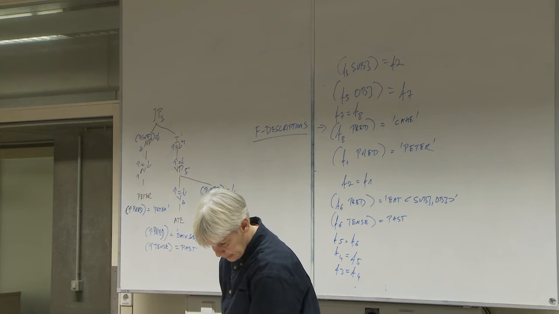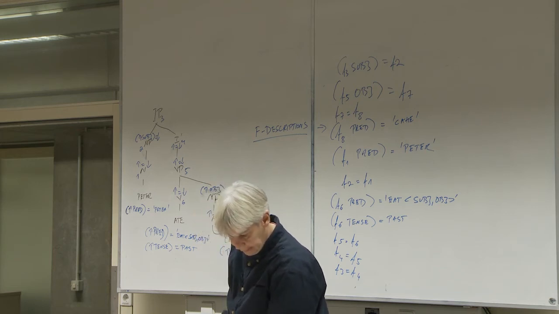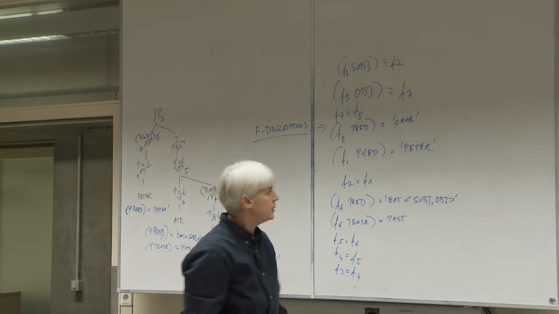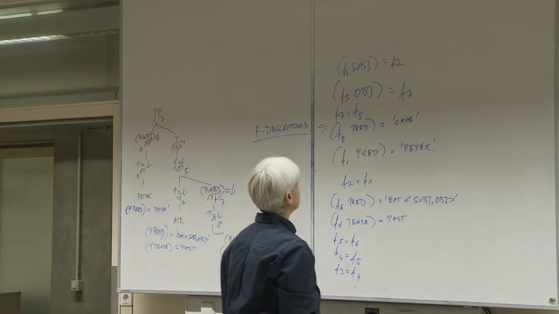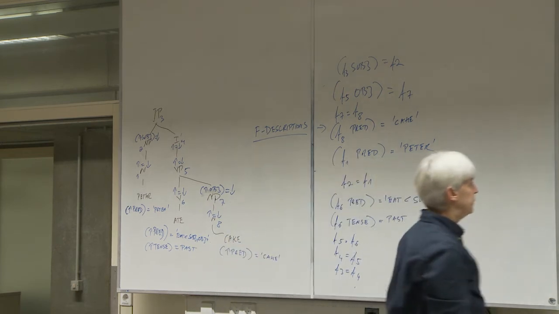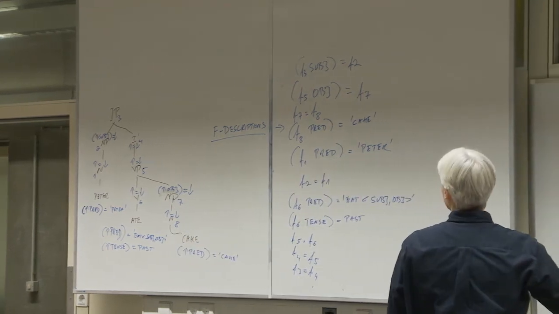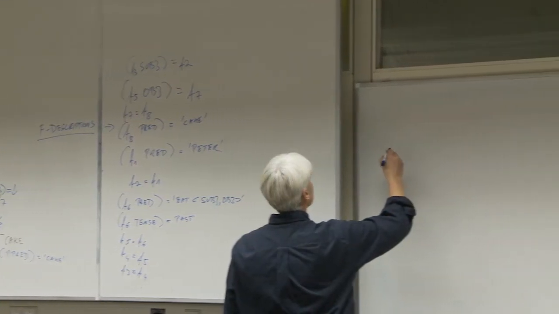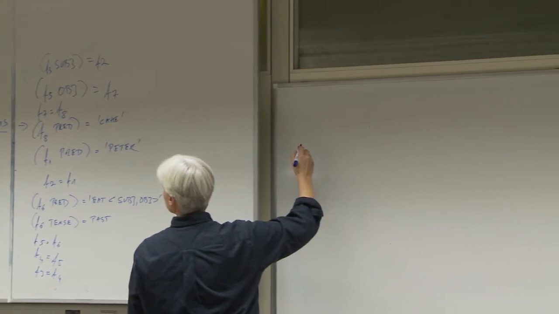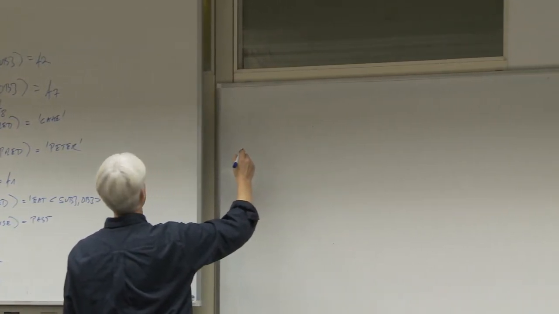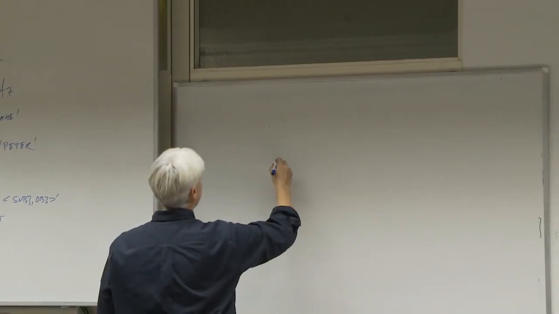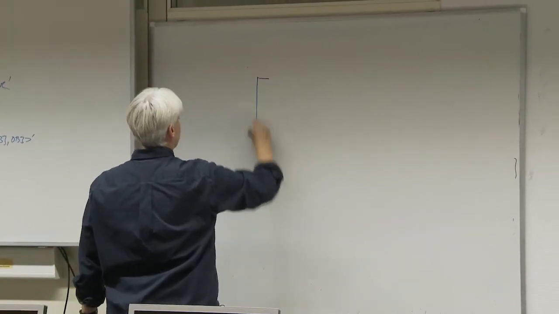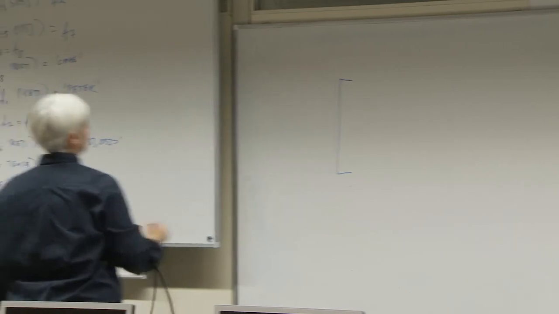Okay, let's start drawing an F structure. I'm trying to figure out where. I think I'll have to do it here. I'm going to draw an F structure and label it F3.